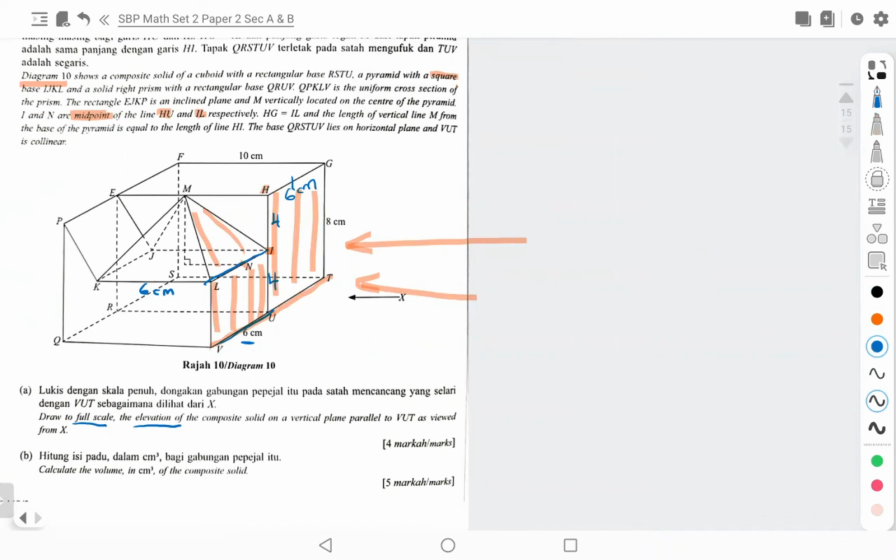The front part is the one I shaded. Now we go to the back, the overall shape. You look at the back, the overall shape is a big rectangular shape. Correct? Okay, so we draw out the rectangular shape first. Okay, like this.